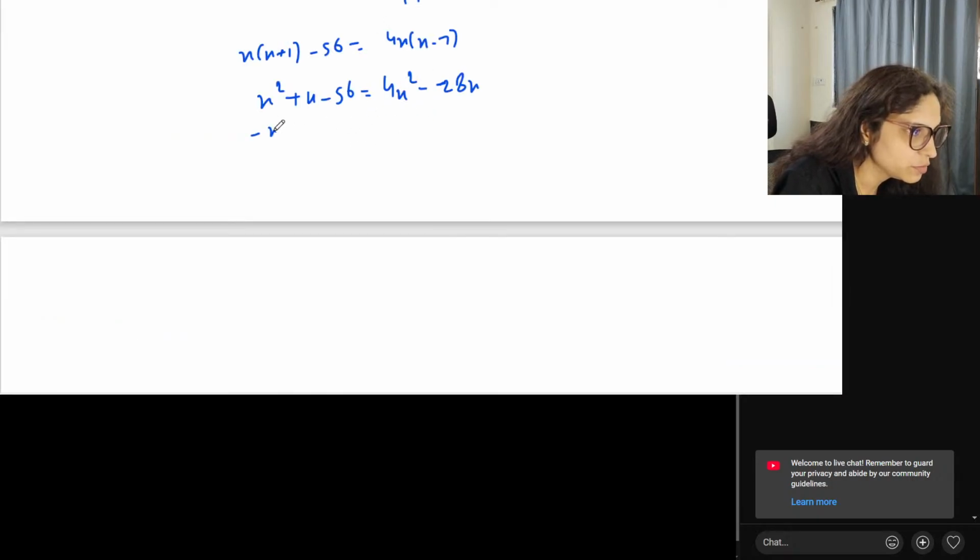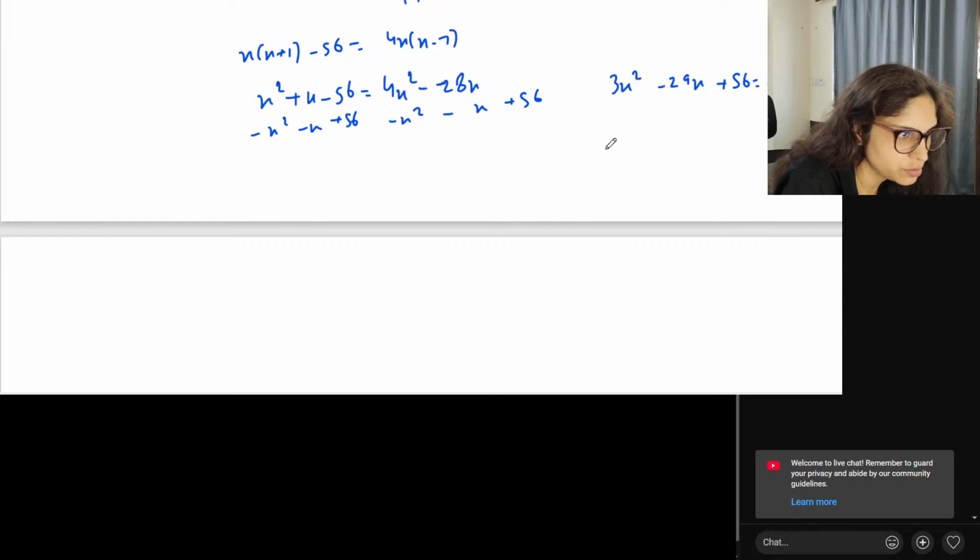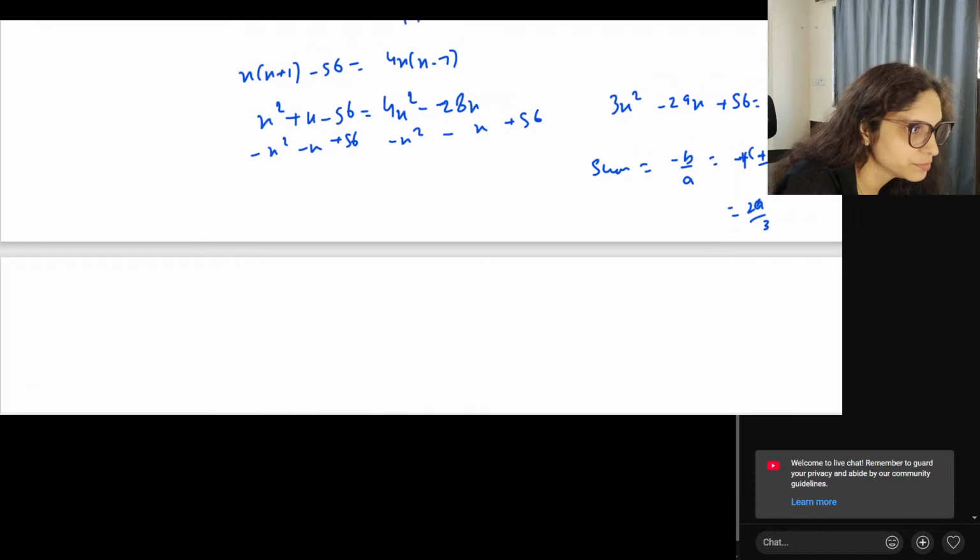So now if you combine everything on one side, the equation is going to be 3x squared minus 29x plus 56 is equal to 0. And the sum of solutions is negative b over a. So negative of negative 29 over 3. Answer is 29 over 3. This is also helpful in many situations. That is why I'm explaining this concept to all of you.